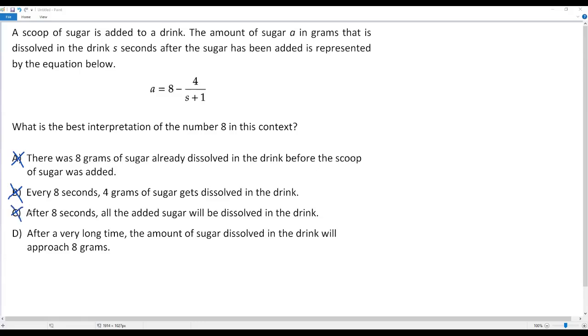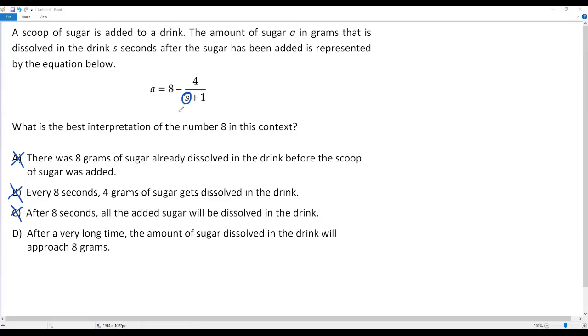Okay, so answer choice D must be correct. Anyways, let's understand how it can be correct. After a very long time, the amount of sugar dissolved in the drink will approach 8 grams. In the given equation, S represents the time in seconds after the scoop of sugar is added. A very long time means S will be a very large number.